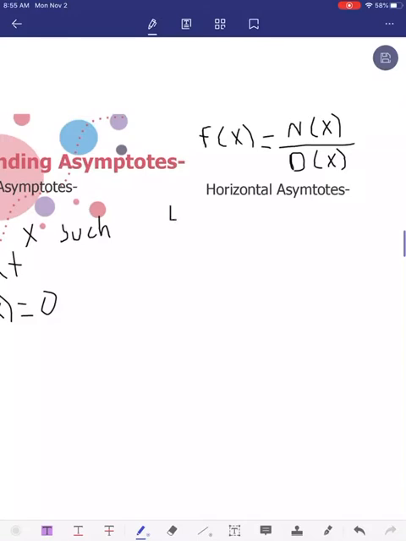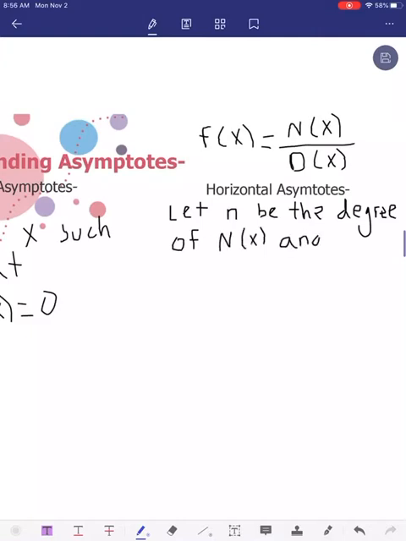So let's say little n be the degree of n of x, and little d be the degree of d of x.